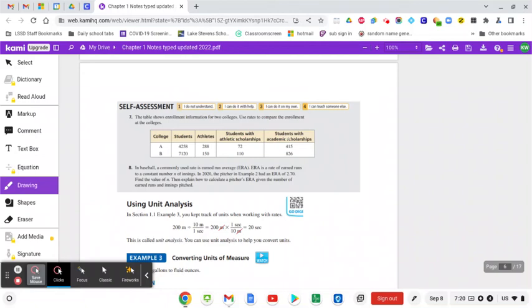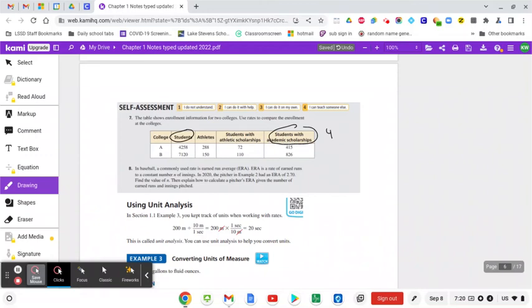So I'm going to compare students with academic scholarships compared to how many total students there are. So the total number of students is 258. And I'm going to compare that to students with academic scholarships, which is 415. All right. And then if I do it for College B, I have 826 with scholarships compared to 7,120 total students.